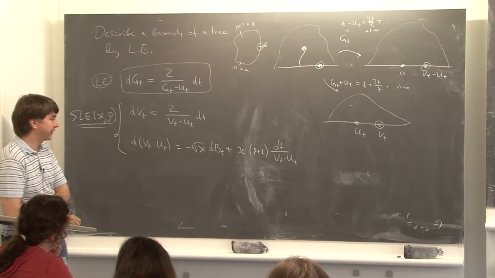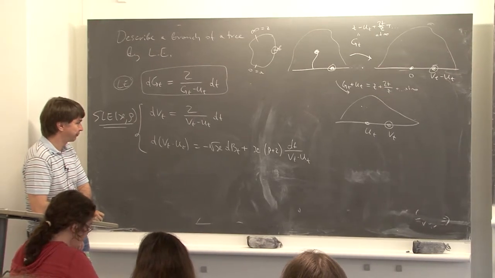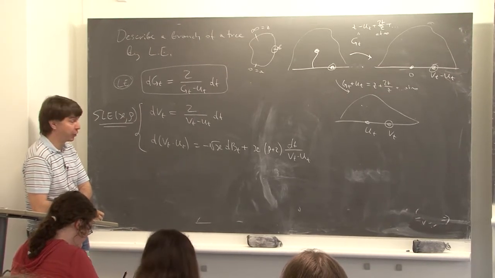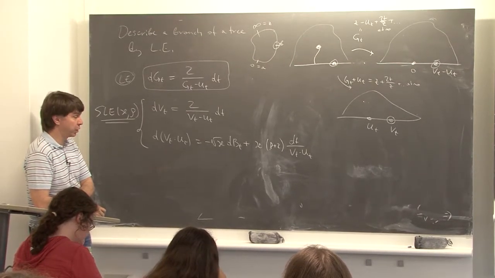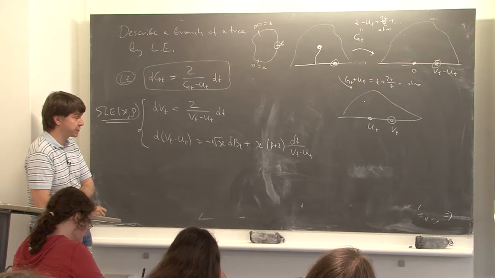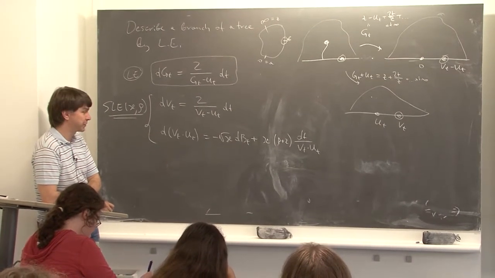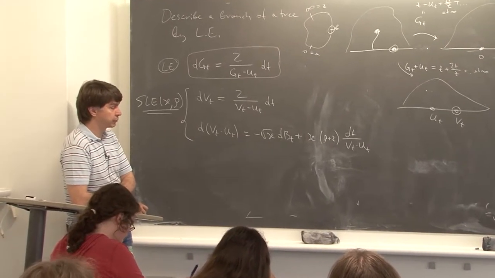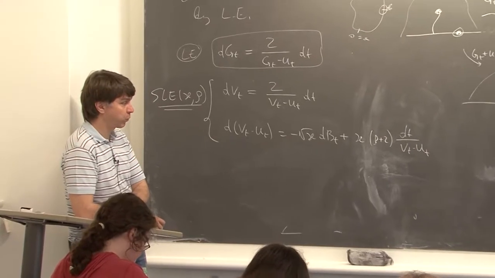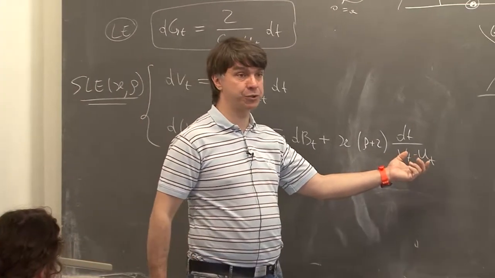Why this? Why exactly this drift and not any other? You can ask Werner, because he introduced it. Essentially, you can write any drift in terms of V_t minus U_t.